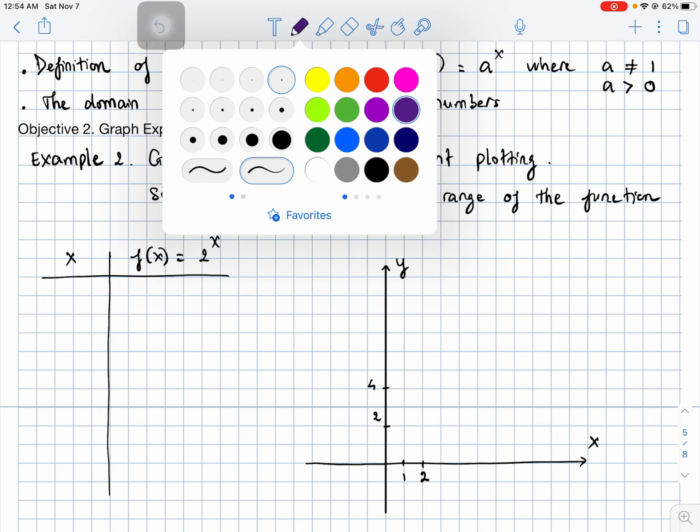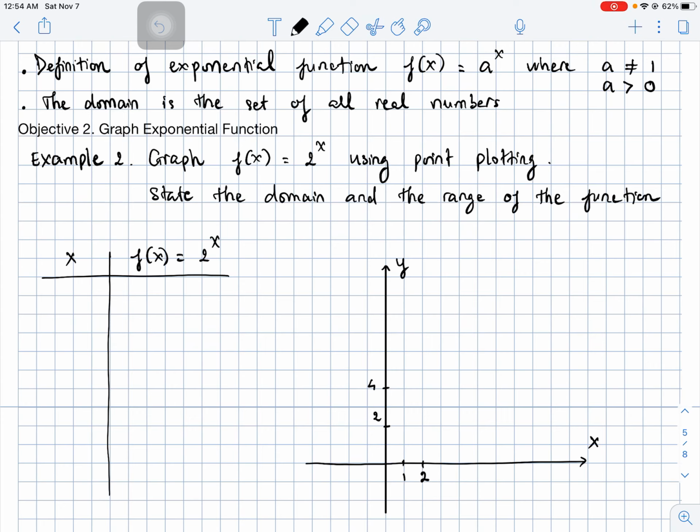That means we need to make a table and plug in the function to find the points. So we need to make some positive and some negative and also a 0 for the input. Then we get 2 to the negative 2, 2 to the negative 1, 2 to the power 0, 2 to the 1, and 2 squared.